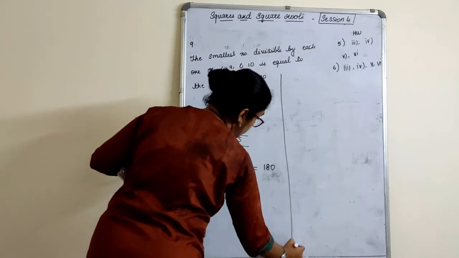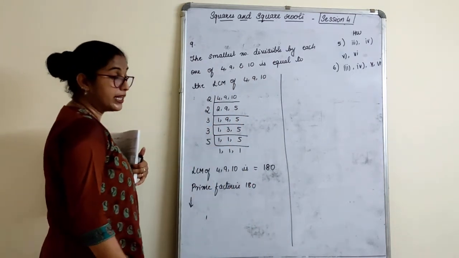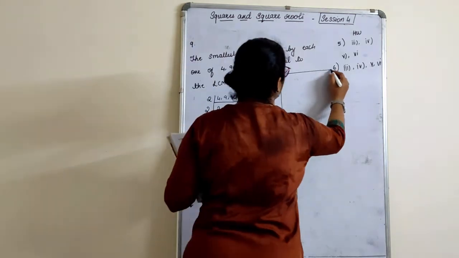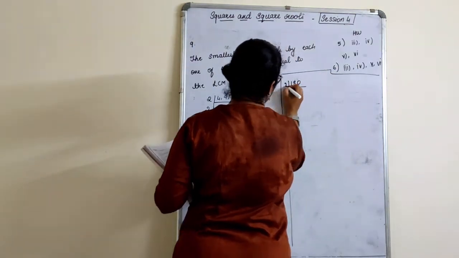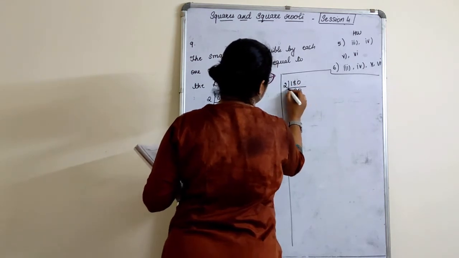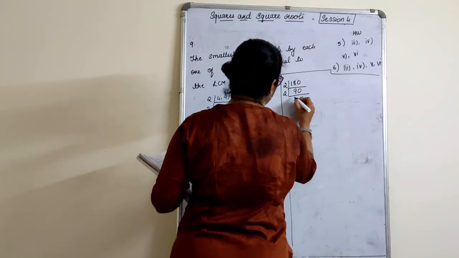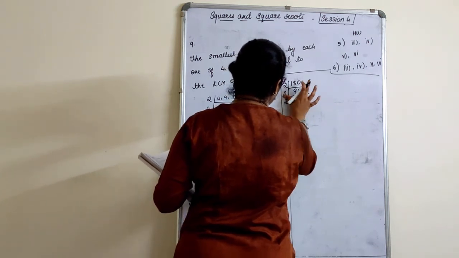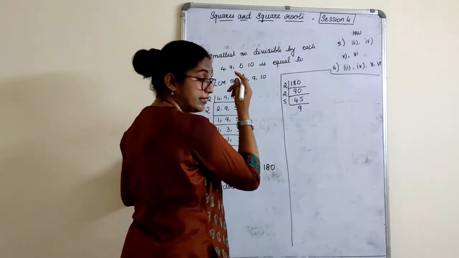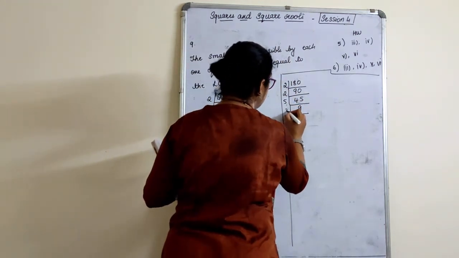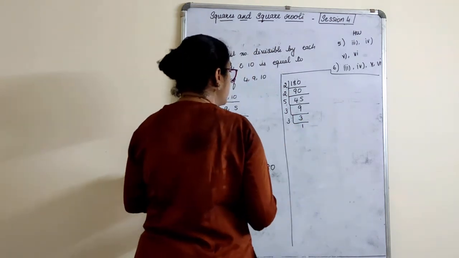Since I do not have space, children, I'll be doing it here, but this has to go one below the other. So 180 when you prime factorize, 2 9s are 18, 0, 2 4s are 8, 45, 5, 3 3s are 9 and 3 1s are 3.